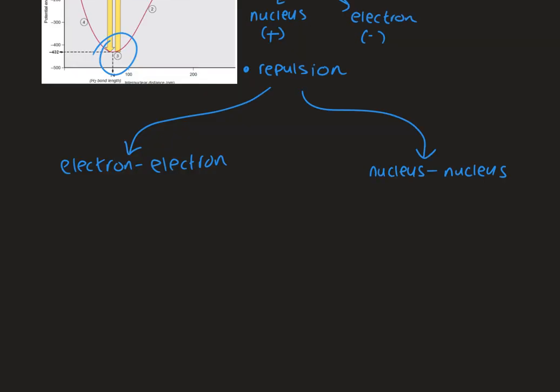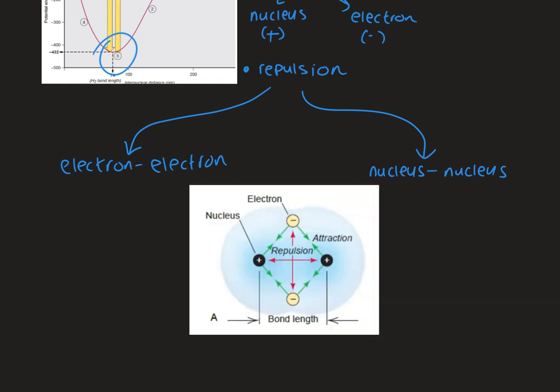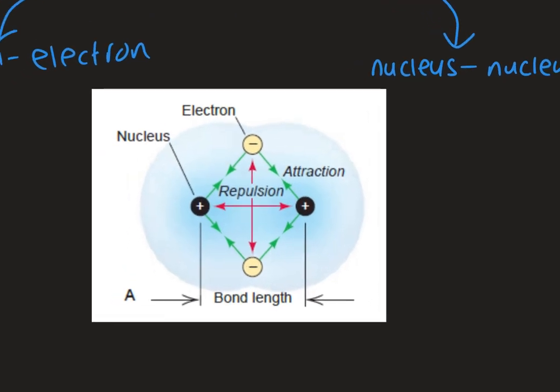Then there is also repulsion between the two electrons of the opposite atoms, and also there is repulsion between the two nuclei. This is shown by this diagram that shows the nucleus of one hydrogen atom and the nucleus of another. And then it also shows us the electrostatic forces at play.